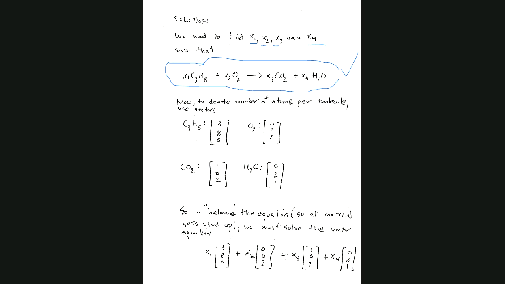But what we're going to do is denote vectors to represent the molecules. So you have the propane molecule here and the oxygen molecule there. Okay, let me give you a moment to catch up on the notes.